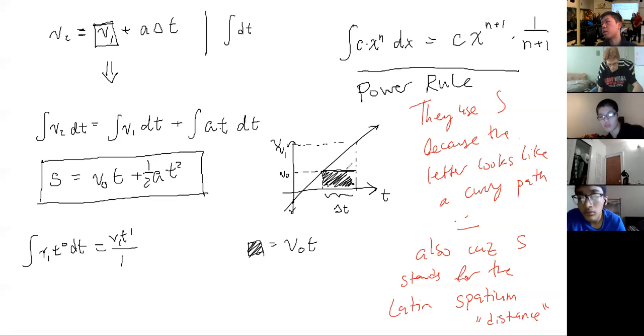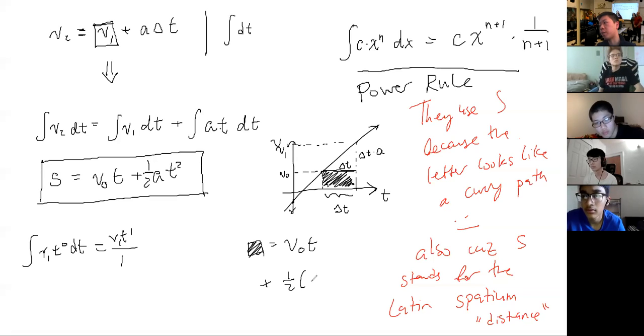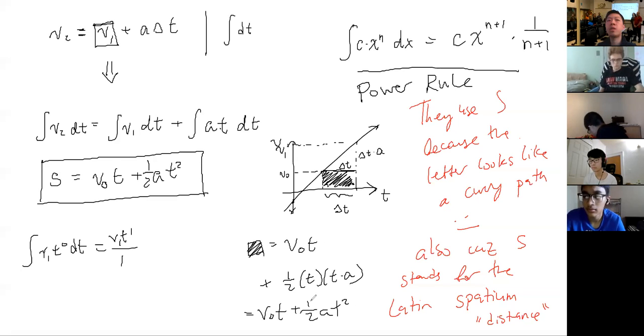This is delta t again, and this is going to be delta t times the slope. So we add on the area of half times delta t, which I'm just going to call t, times t times a, and this is equal to v0t plus half at squared, which is the same formula again.